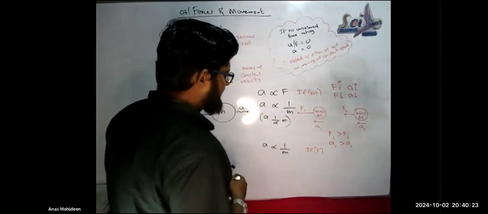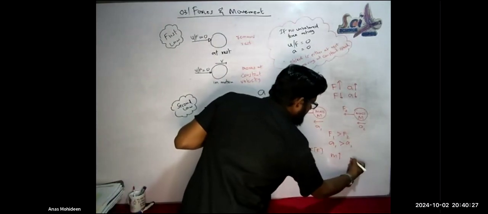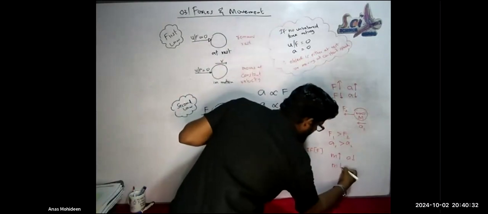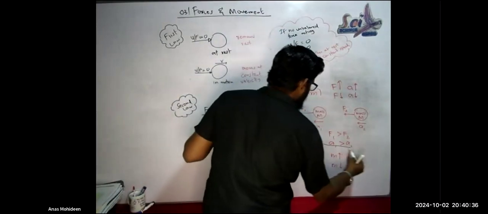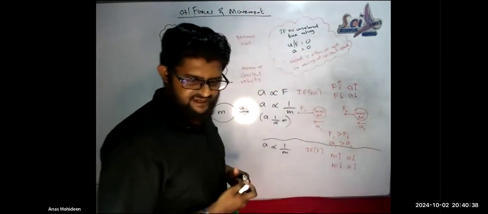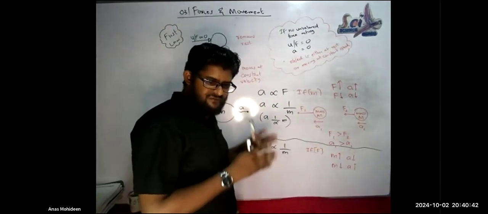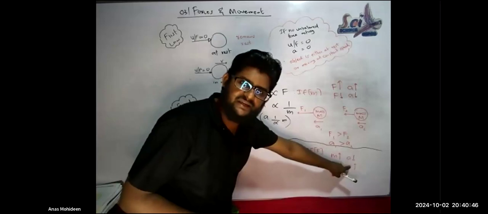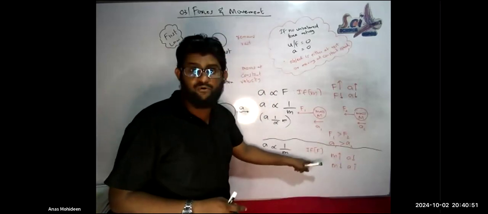What is the idea of that? Now here, mass you increase, acceleration decreases. Mass you decrease, acceleration increases. Why is that? Because of inverse proportion. Inverse proportion means when one is increasing, the other one should be decreasing. So mass increasing means acceleration decreases. Mass decreasing, acceleration increases. In both cases, force should be same.